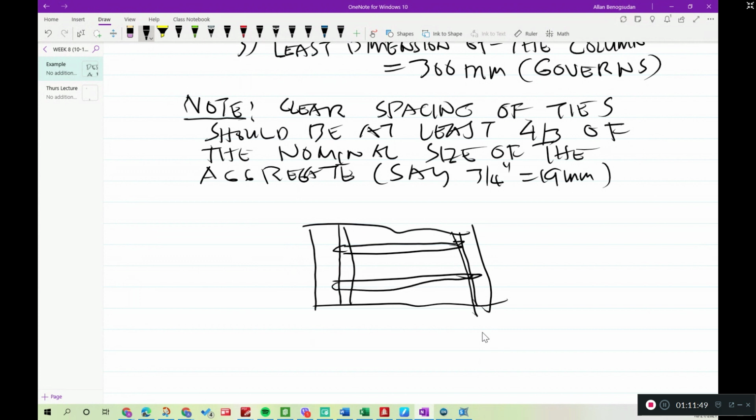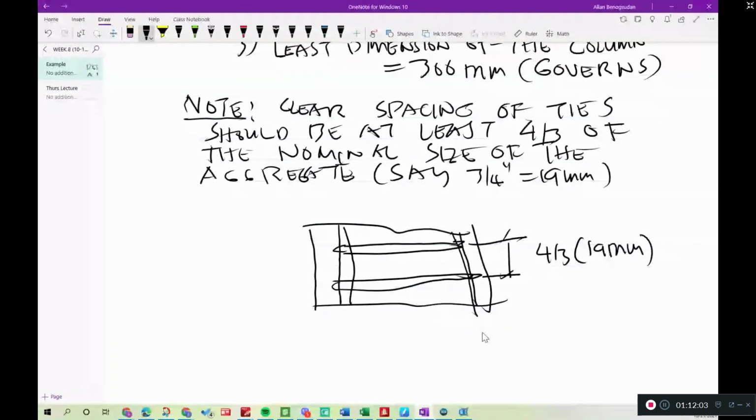So what we check is 4/3 of 19 mm is equal to 25. That's wrong.